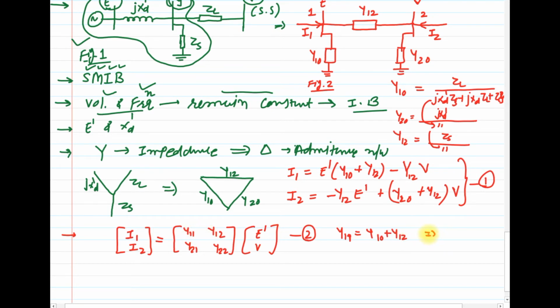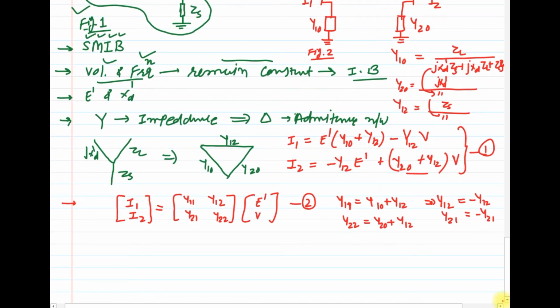The second conclusion is that the off-diagonal elements are negative, here it is Y12. So the off-diagonal elements are the negative of the original ones. That means Y12 is equal to minus Y12, and Y21 is equal to minus Y21. Same way for the second diagonal element, Y22 is equal to Y20 plus Y12. Clear over here? I hope you are clear up to this.